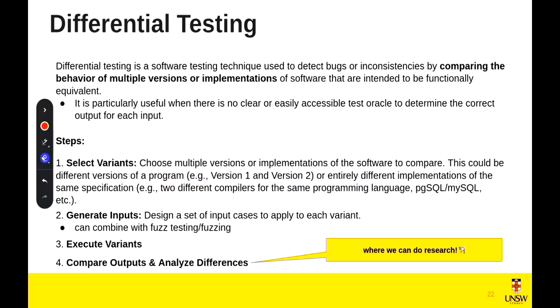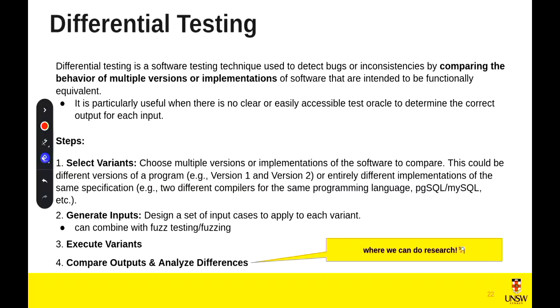If we just compare the final result, we may not be able to expose some errors in the intermediate steps. But since they are different implementations, how can we match the intermediate steps automatically and do the comparison? This is actually very hard. So we can do a lot of research in this last step here.